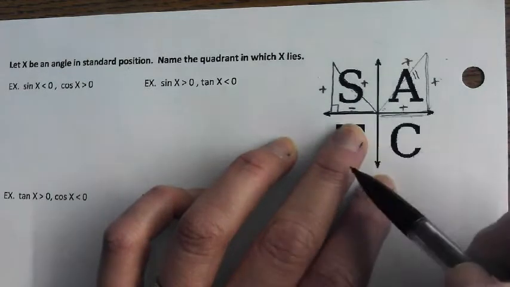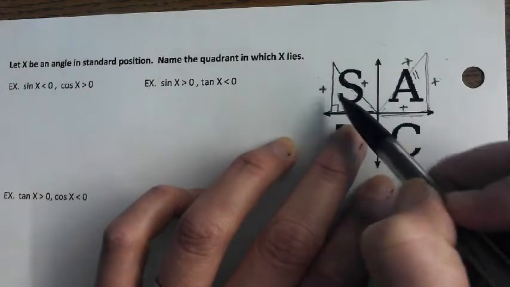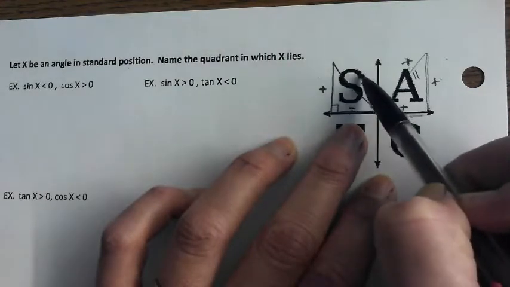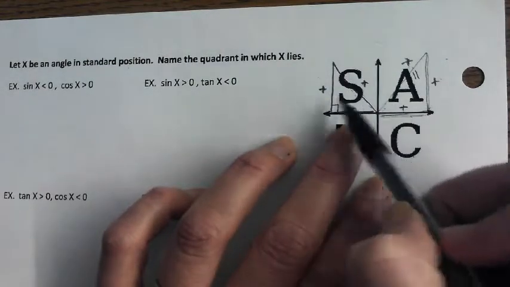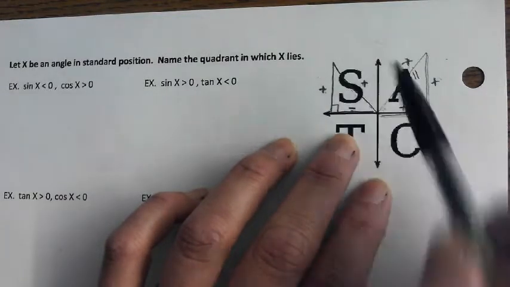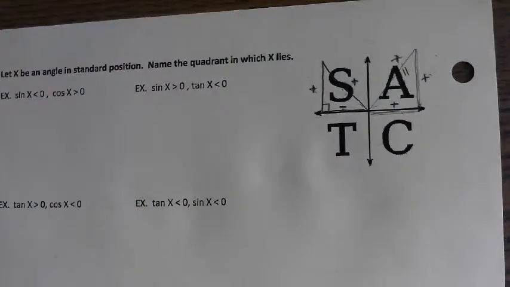The cosine is negative. The tangent, which is opposite over adjacent, positive over negative, is also a negative. The only thing that remains positive is S for sine, because the opposite is still positive over the hypotenuse is still positive. Do you follow? Okay? So only sine is positive there.